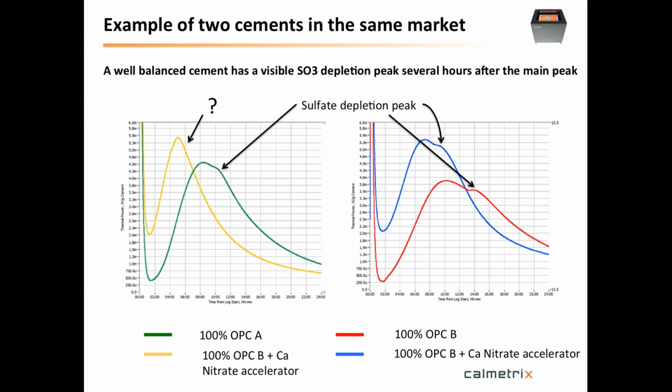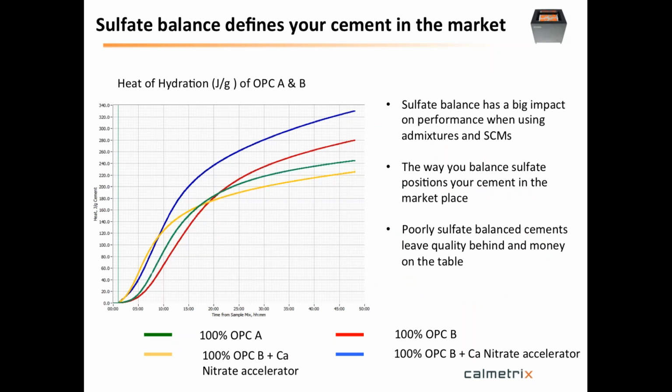It might be, might not. You would have to look closer, but it's not that obvious. So this could be an indication that in this particular case, a calcium nitrate accelerator might not work too well with cement A. Now, to verify this for sure, we would have to have a look at the actual heat of hydration curves, so the actual heat energy that comes out of the reaction by itself.